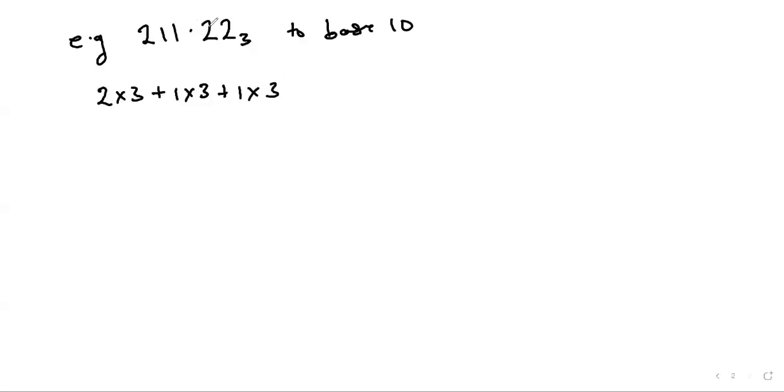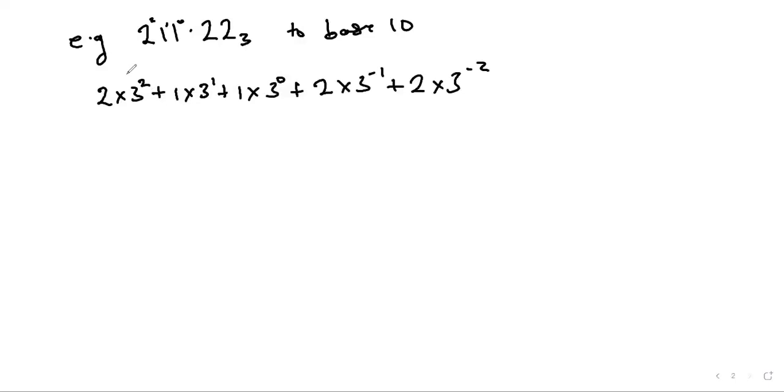Forget about the decimal point, but after the decimal point, it will be the first place value there times the base. But this time around, it will be raised to the power of minus 1, plus 2 times the base raised to the power of minus 2. So before the decimal point, the powers are 0, 1, 2.